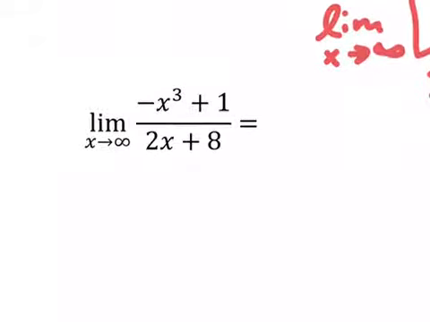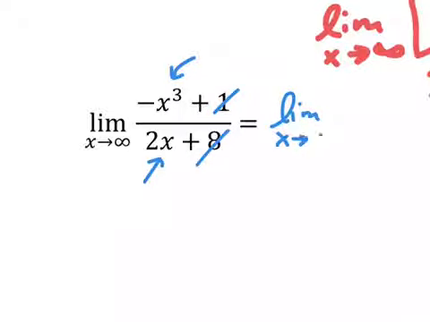Now in this third example, we've got an example where the degree on top is larger than the degree on the bottom. And so when we just negate these unnecessary terms on the end, we get the following expression. We get negative x cubed over 2x.